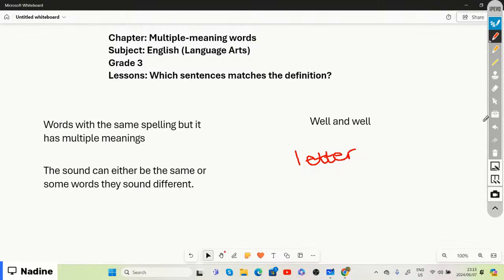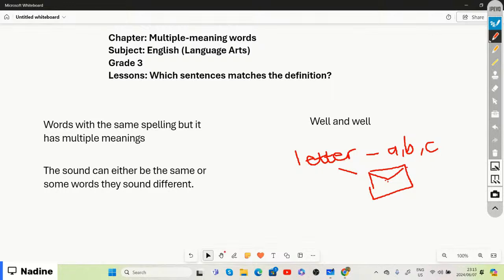You can get letter as in A, B, C, those letters of the alphabet, or another letter is a letter that you are either sending or receiving in the mail.